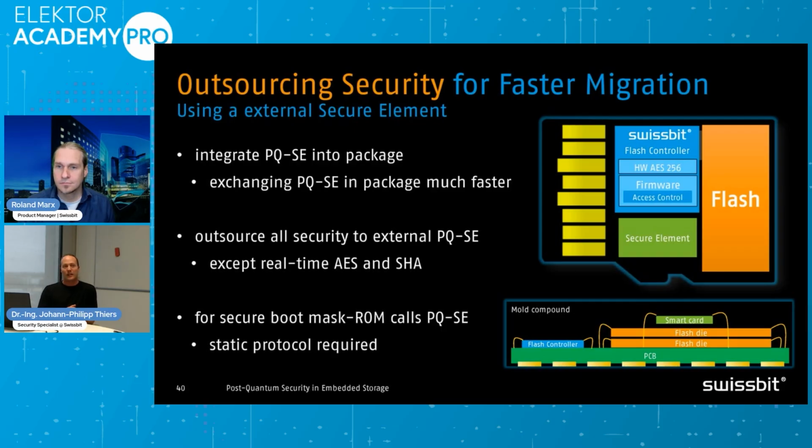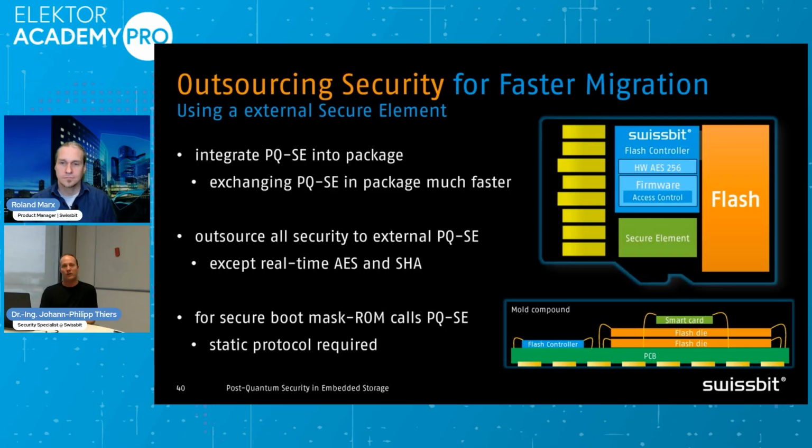Now, of course, if we do this, then the mask ROM that is used to boot the flash controller would now, for verifying the signature, call the secure element. So it doesn't verify the signature on its own, but actually hands a header for the firmware image to the smart card or secure element, and tells the secure element to verify this.